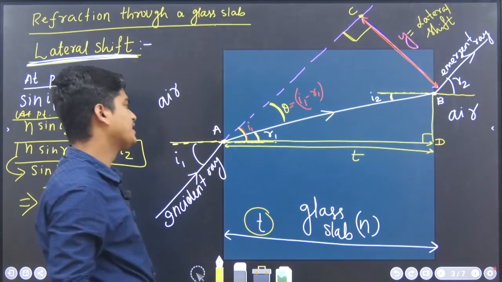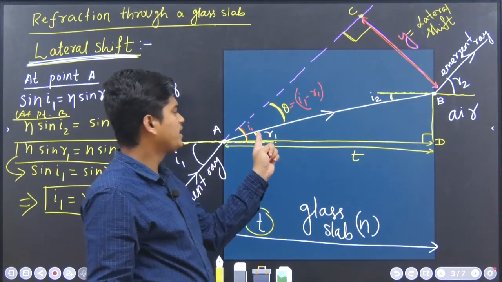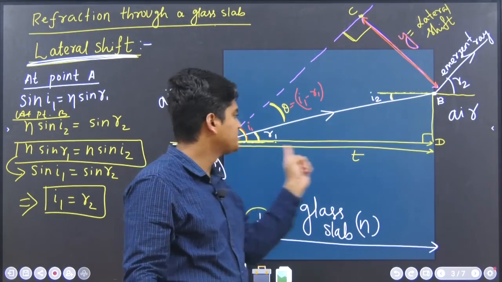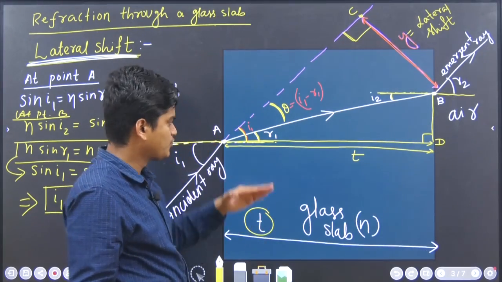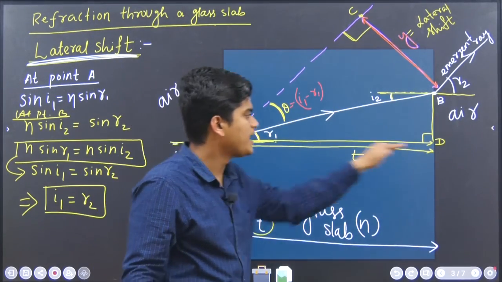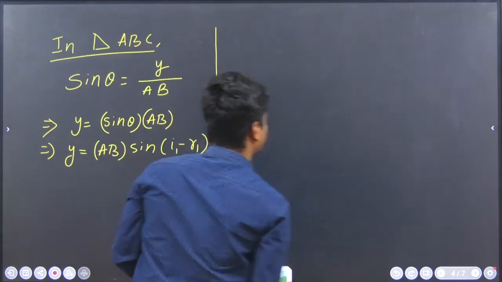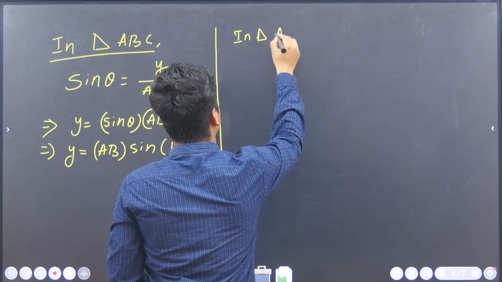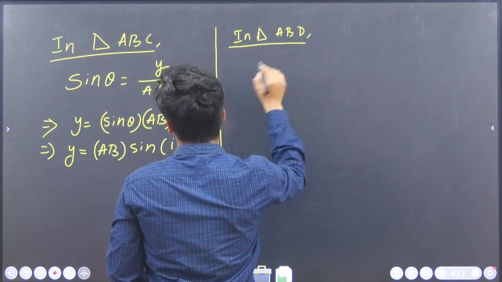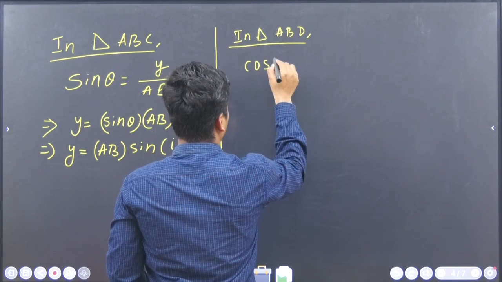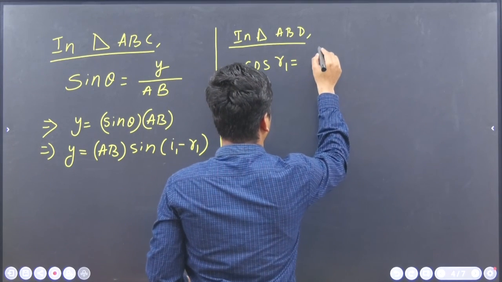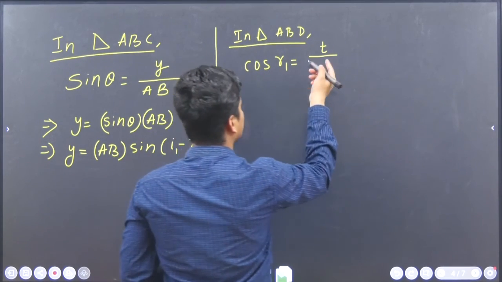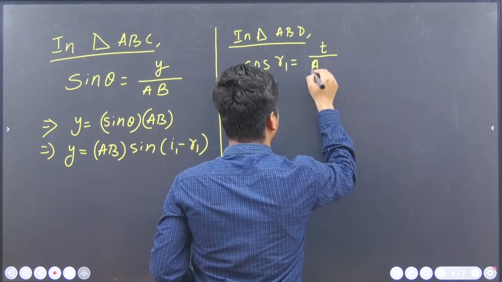In the ABD triangle, if I calculate cos R1, then it is B by H. So this AB will be hypotenuse, AD will be the base. So here in the right angle triangle ABD, cos R1 is nothing but B by H, which is T by, or basically AD by AB.